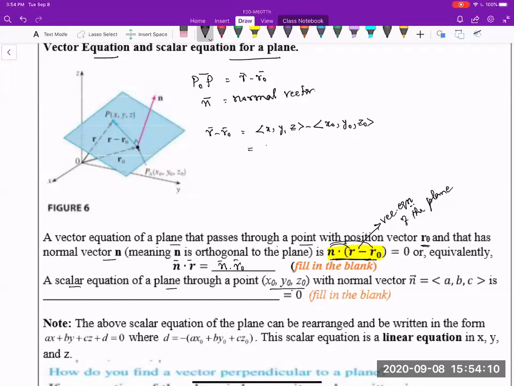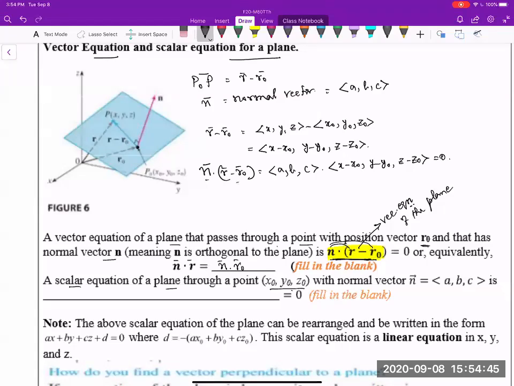That will be x minus x0, y minus y0, z minus z0. The normal vector is given in component form a, b, c. So if you do the dot product, n dot (r minus r0), we will have the vector a, b, c dot product with x minus x0, y minus y0, z minus z0 equal to 0. They are orthogonal to each other. One vector is perpendicular to the other.